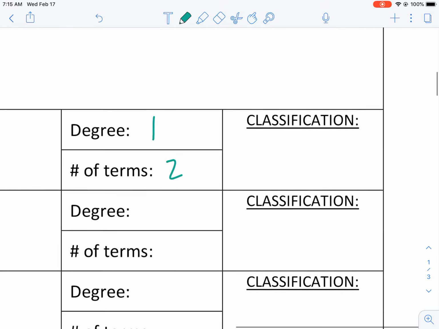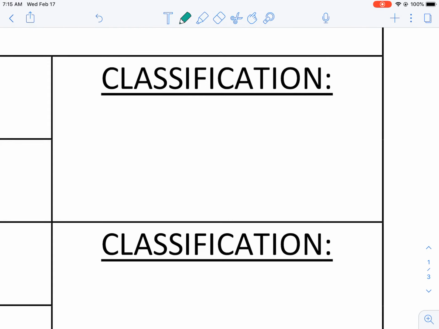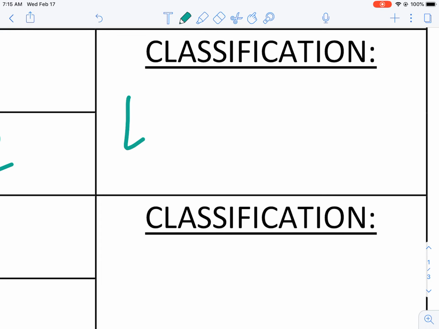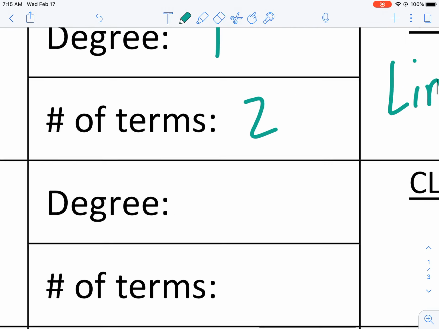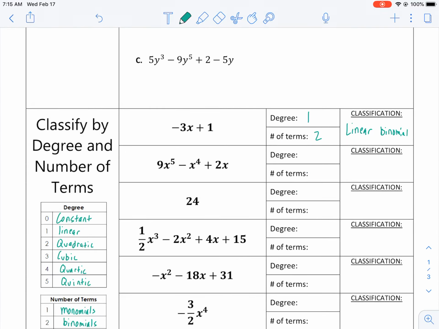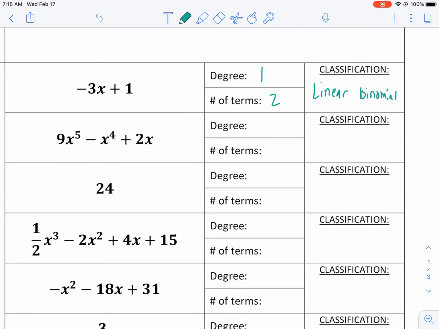Its classification is linear. Usually the degree comes first and then the number of terms, so it's a linear binomial. That's what we would call that function. You've seen this function a lot in your life; you're just now learning the names, but it's okay.